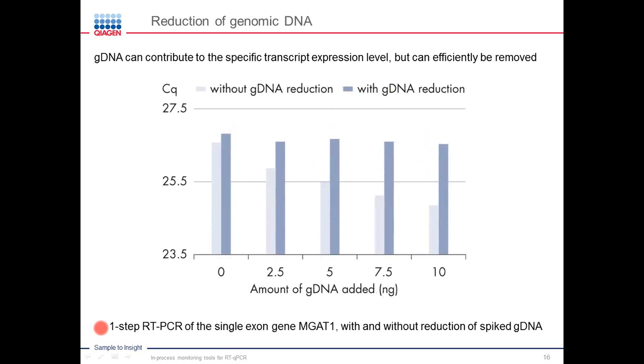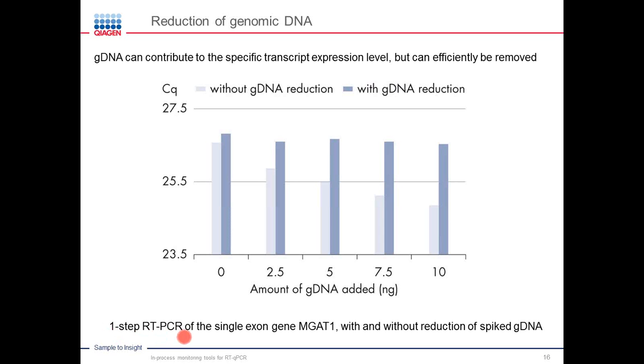While the first slide I showed before was shown on a two-step RT-PCR where we removed the gDNA from the cDNA synthesis, this is a different data set where we have included the gDNA reduction in our one-step kits.